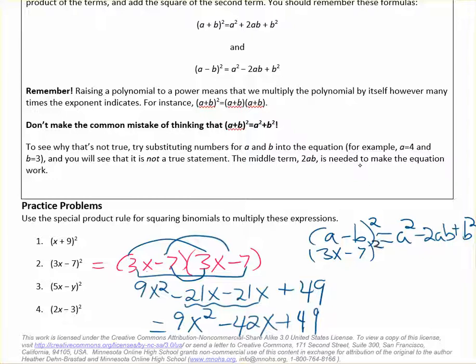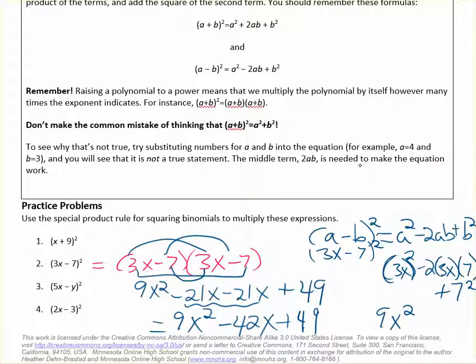The first term, a, is 3x, and I have to square that. Then we'd have minus 2 times the first term, 3x, times the last term, 7, and then plus the last term squared.